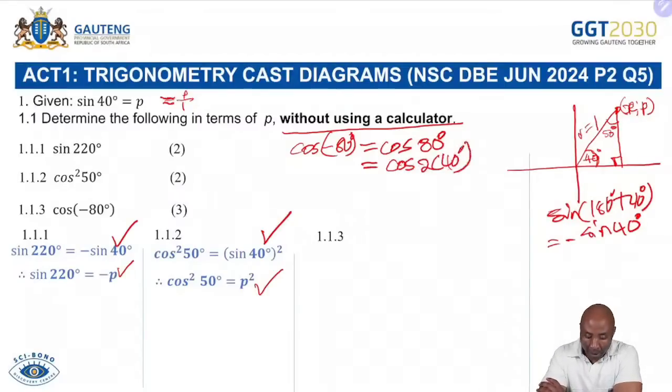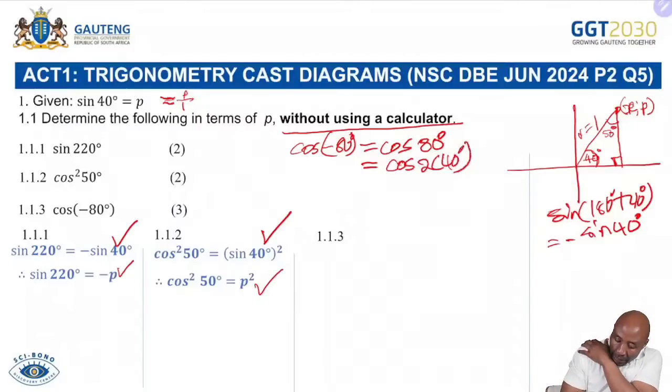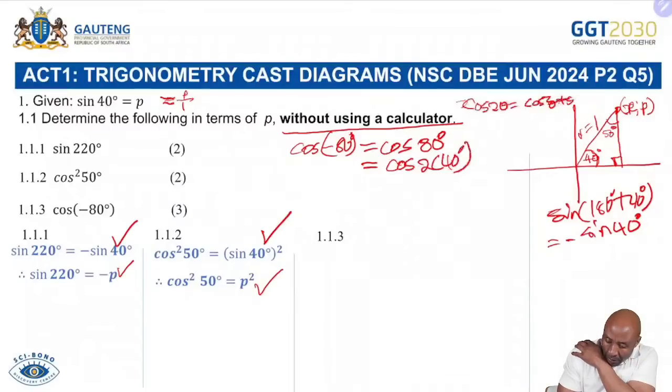And for cos double angle, we know that we have cos 2 theta, we can write it as cos squared theta minus sine squared theta, or we can write it as 2 cos squared theta minus 1, or we can write it as 1 minus 2 sine squared theta.